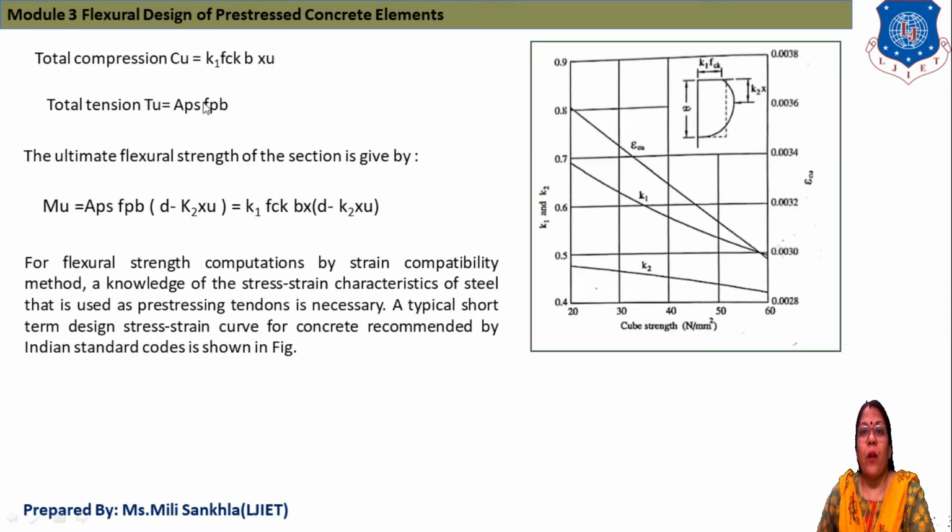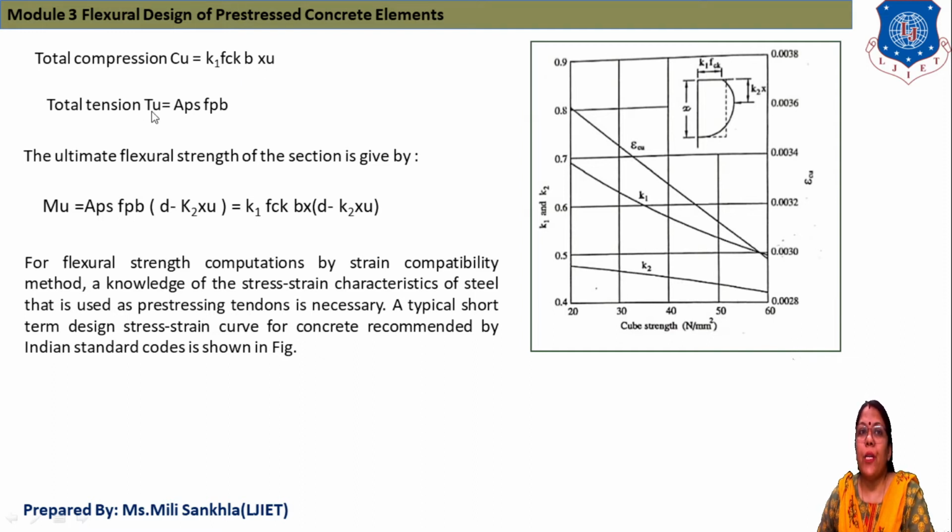Now, this graph represents the cube strength, and according to that we have to take a value of K1 and K2, which are parameters that depend upon the compressive strength of concrete. Here M20, M30, M40, M50 and M60. Now total compression Cu is equal to K1 Fck B into Xu.